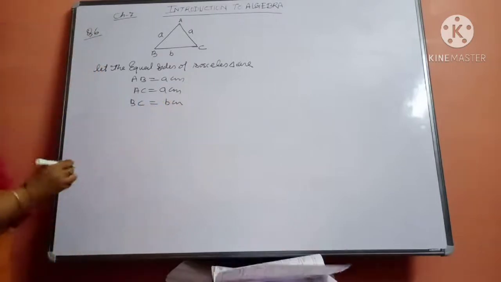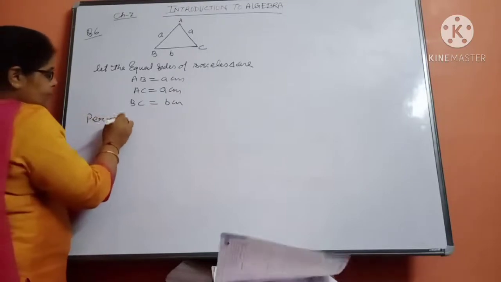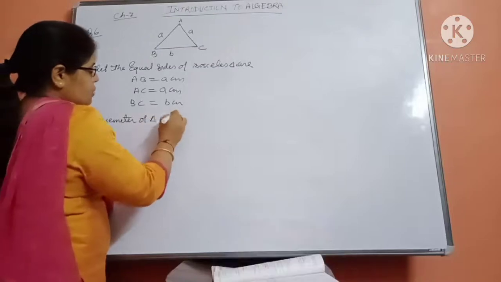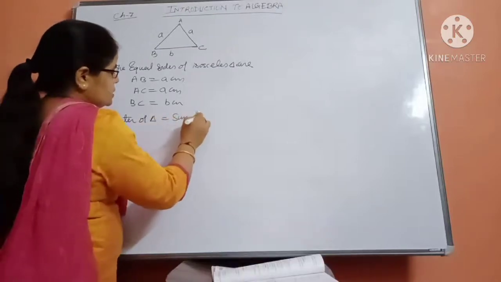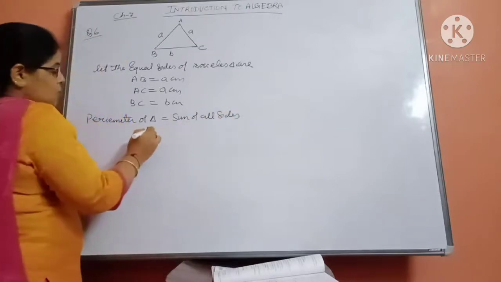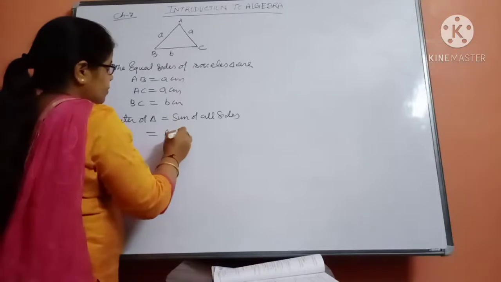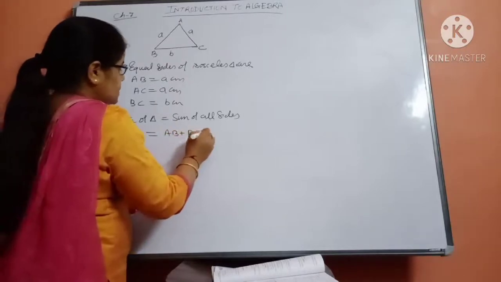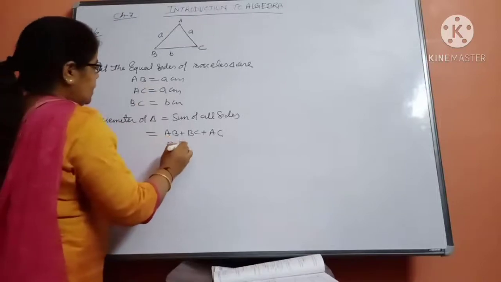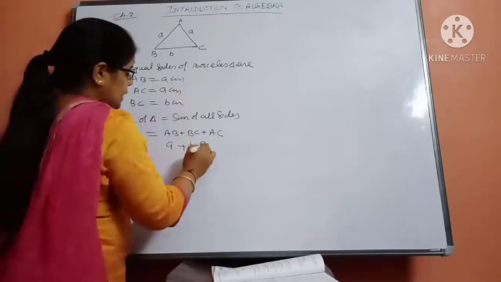You know that the perimeter of a triangle is equal to the sum of all sides. So the sum of all sides means you write AB plus BC plus AC. AB is a, BC is b, and AC is again a.